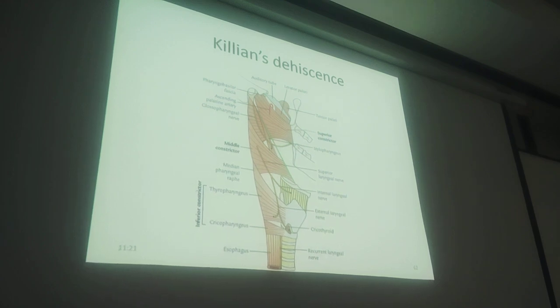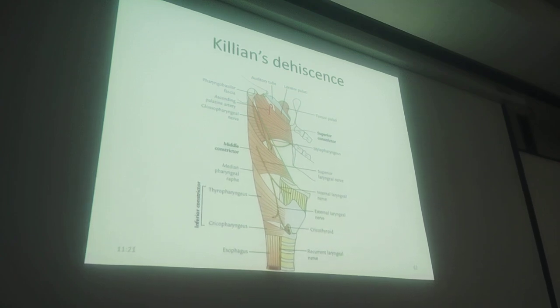A mismatch in the nerve supply causes a mismatch in the receptive relaxation. When the upper part goes into contraction, the lower part of the GI tract goes into receptive relaxation to allow the bolus of food to enter. Here, the upper part of the middle constrictor goes into contraction, the lower part also goes into contraction.